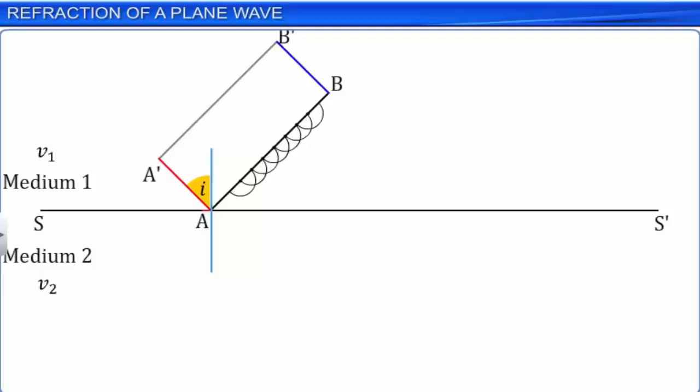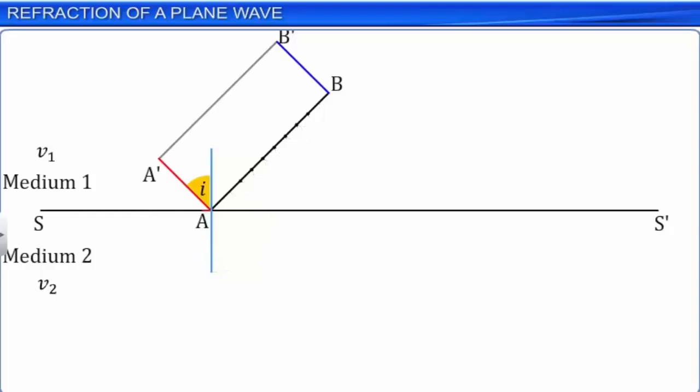Since point A is on the interface SS', part of the secondary wavelet originated from this point refracts into medium 2 and a part is reflected back into medium 1. If reflection at the interface is neglected, hemispherical wavefronts from point A propagate into medium 2.